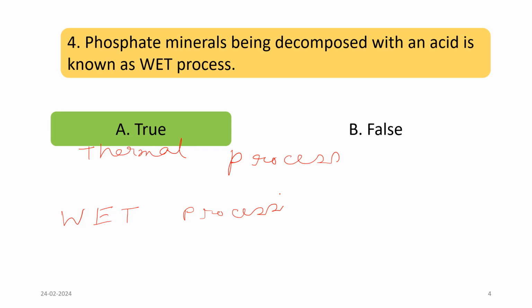In the thermal process, only elemental phosphorus is used, but the produced phosphoric acid is very weak. So we don't use the thermal process; rather we use the wet process, where phosphate minerals are used and they are decomposed with acids. So here it is true.